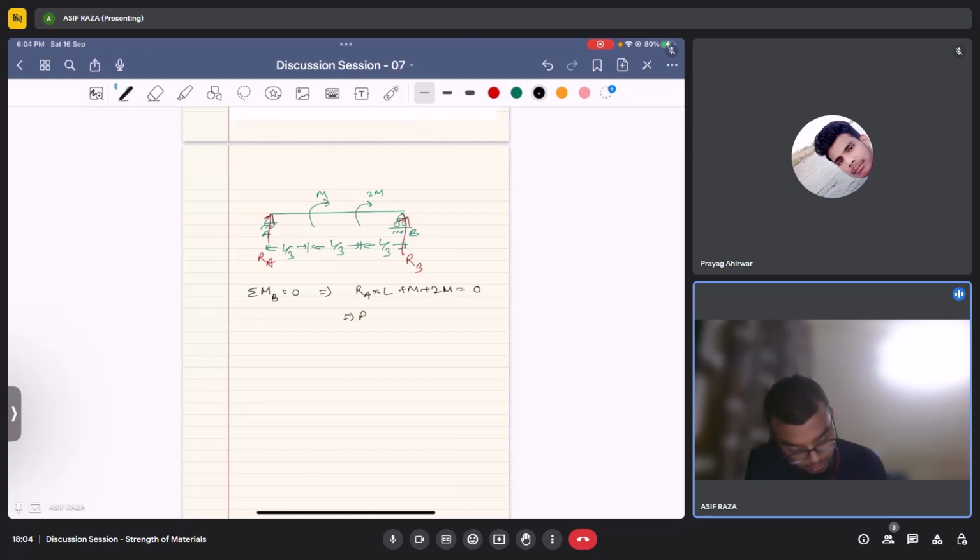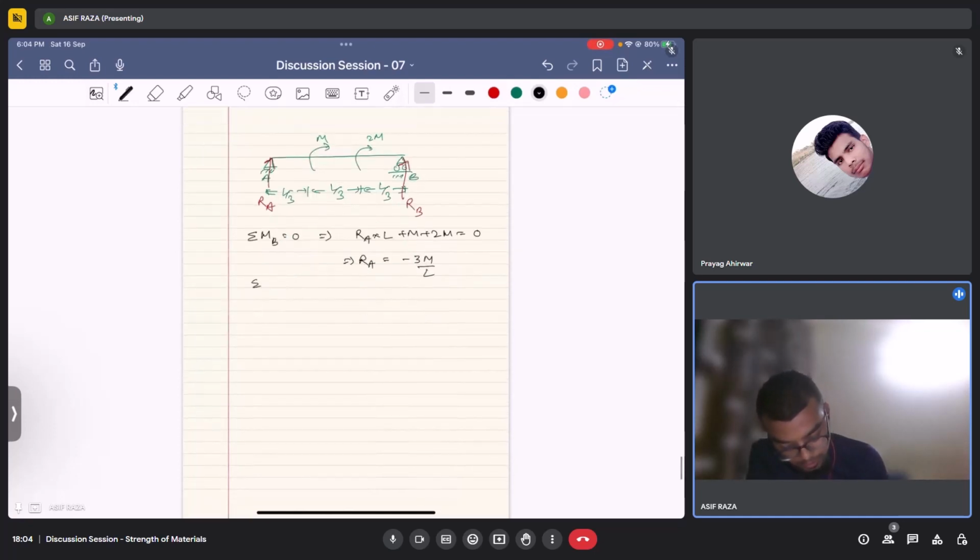This gives RA equal to minus 3M by L, and if I take Fy equal to 0, RA plus RB equal to 0, which implies RB should be equal to minus RA, and that is 3M by L.